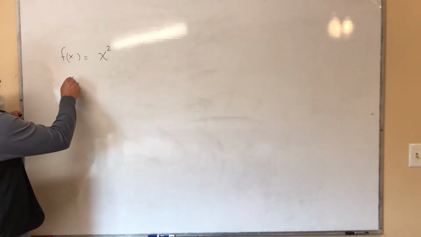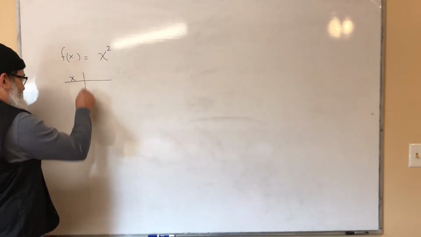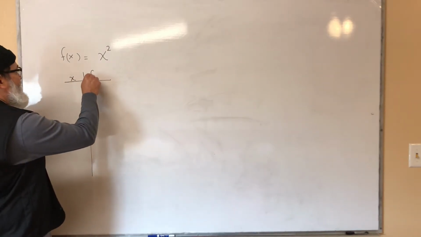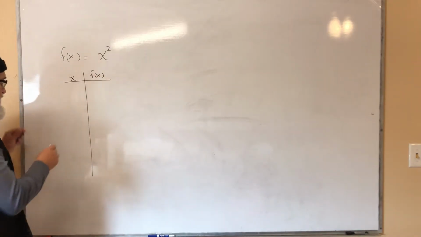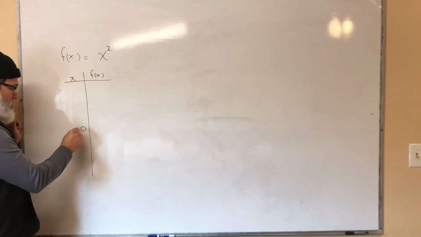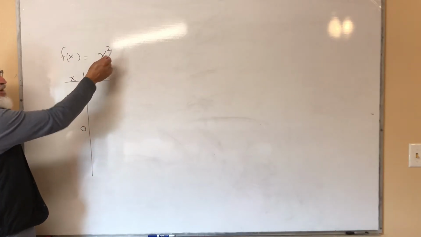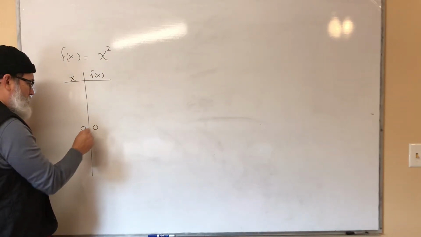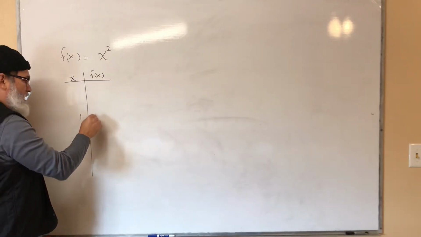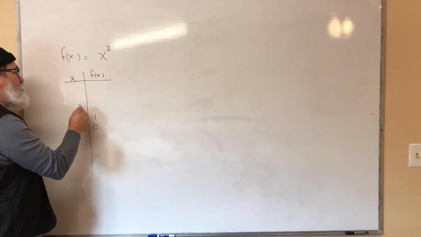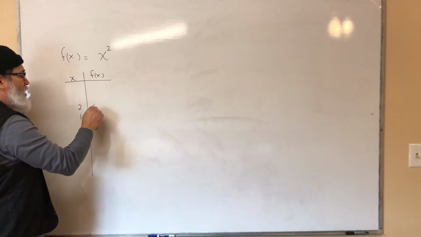So here is x, and here is f of x. When x is 0, 0 squared is 0. When x is 1, 1 squared is 1. When x is 2, 2 squared is 4.